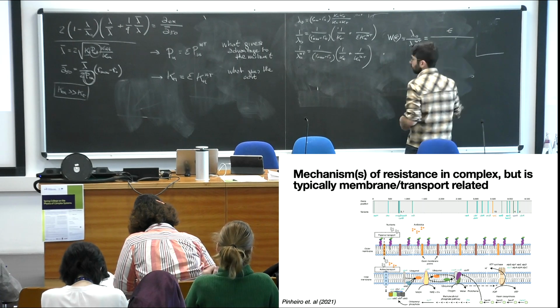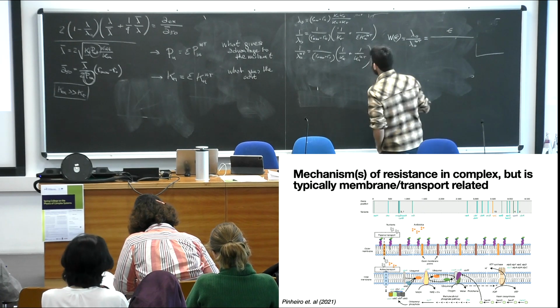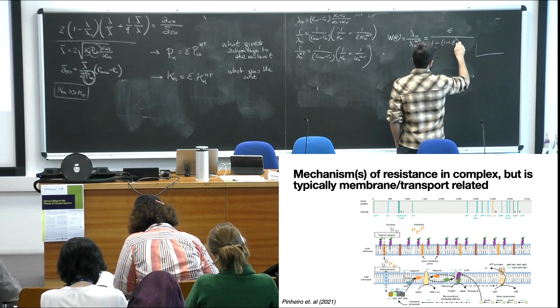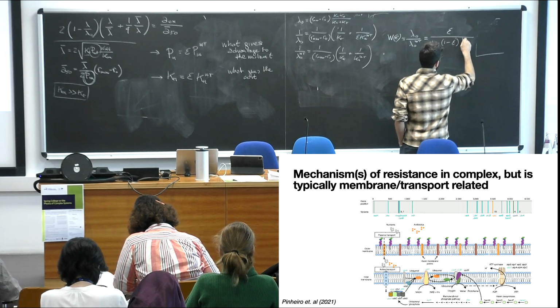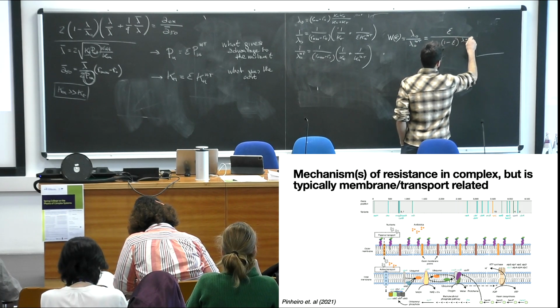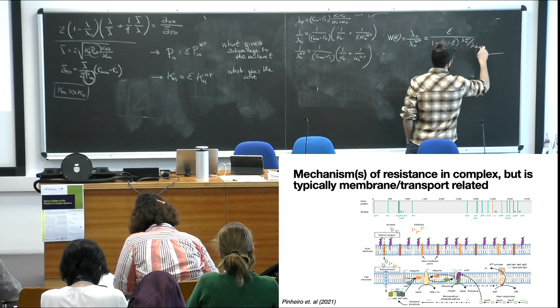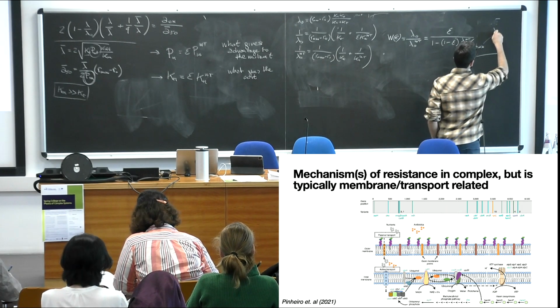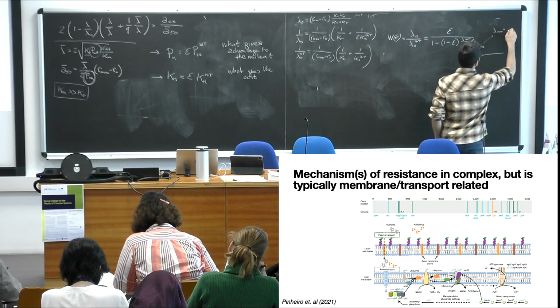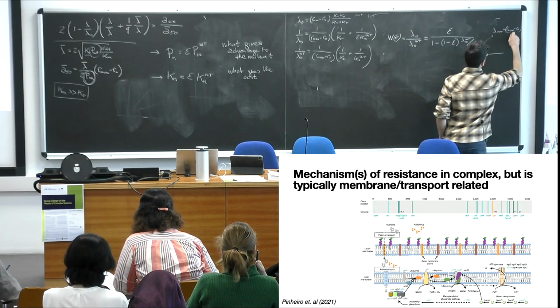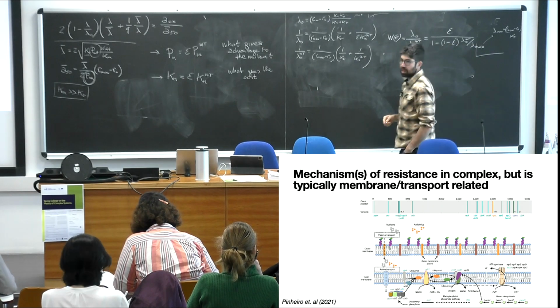It's epsilon over 1 minus epsilon times lambda naught of the wild type over lambda max. And lambda max is simply R max minus R naught times kappa T. Okay?